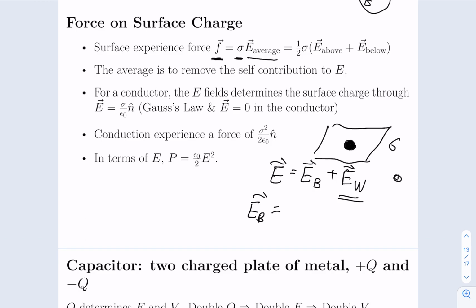So for a surface charge sigma, there must be an electric field pointing up and pointing down, and that must be proportional to the surface charge. I'm not sure if there is a 2 or not, but it should be one plus sign above and one minus sign below.